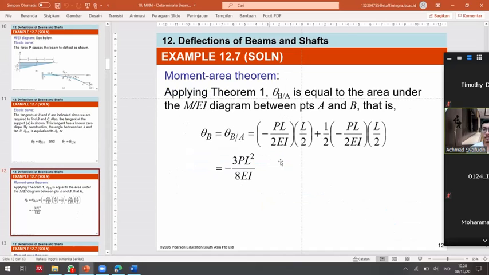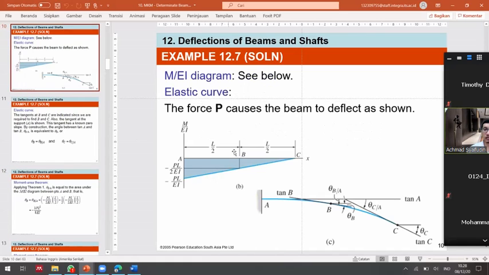So this is the rectangular part, and this one is the triangular part. So the total is this one. The slope at point B.